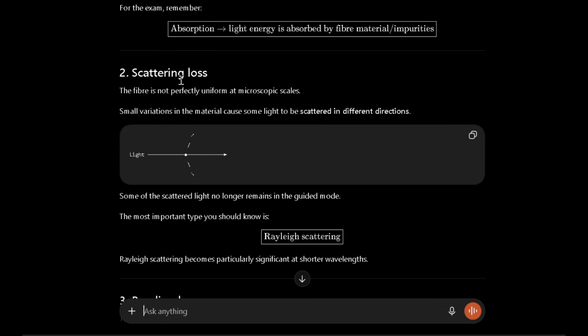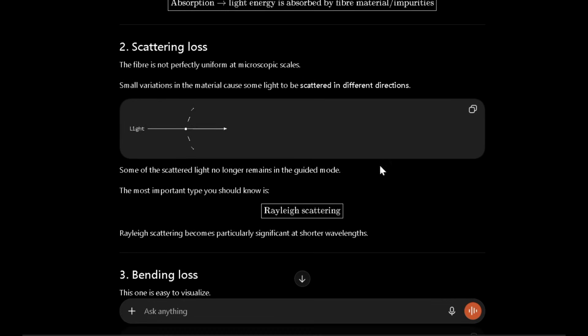What is scattering loss? The fiber is not perfectly uniform at a microscopic level. The normal guided modes are multi-mode and single mode, but due to scattering, some light is not in those modes. Small variations in the material cause some light to be scattered in different directions.